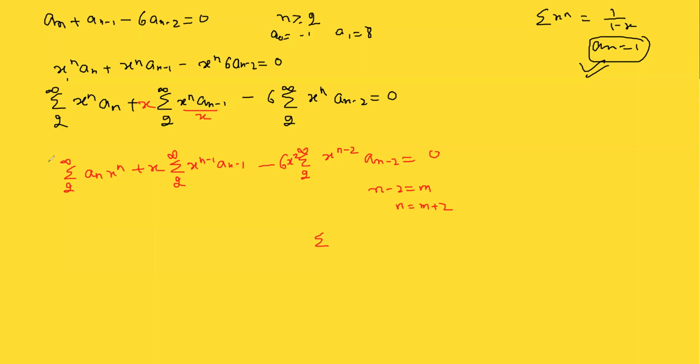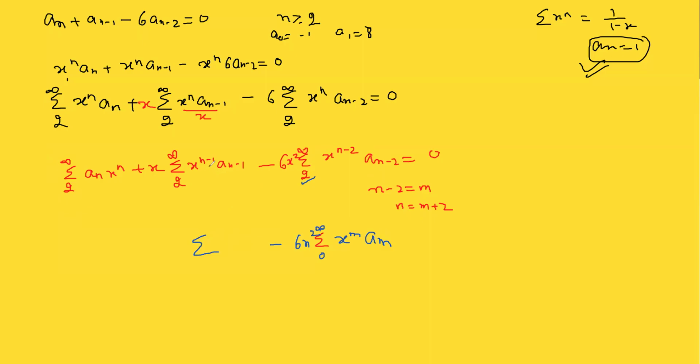Gx. Understood? n minus 2 is replaced by what? M. This is m. And n starts from 2. 2 minus 2 is what? M starts from 0, right? Understood?